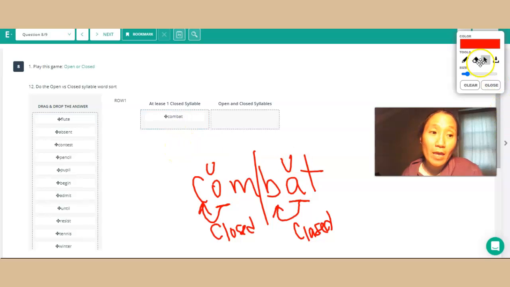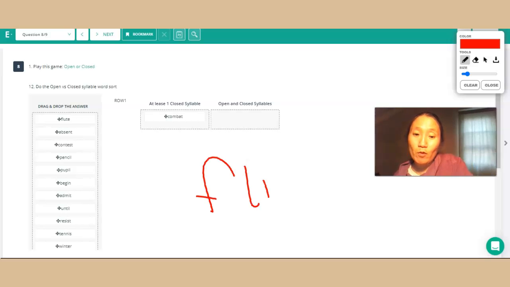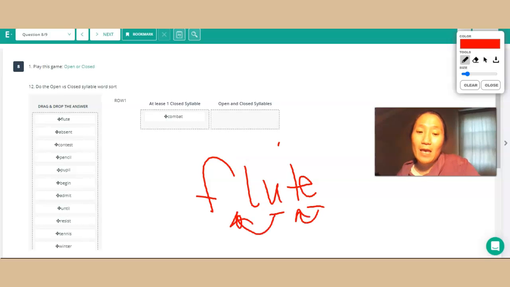Then I can come over here and look at my next word, which is flute. I'm going to write the word flute on my paper or my whiteboard, and then I'm going to mark the vowels, and then point to the consonants before them. And there we go.